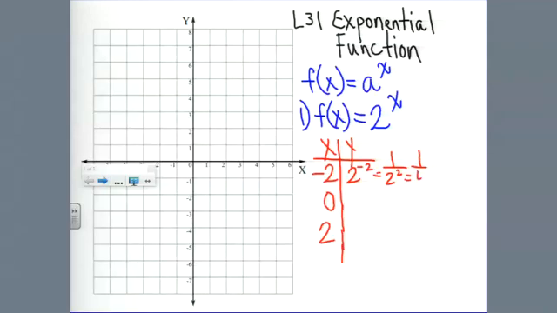And to graph this point accurately, we'll change 1 over 4 to its decimal equivalent, 0.25. So negative 2 and 1/4 is roughly right about here.